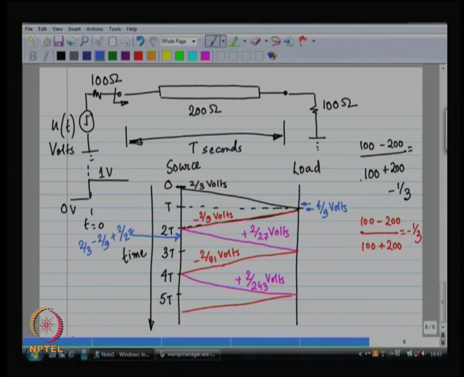I do not know, it is too difficult for me to do mentally, so it is 18 minus 6 plus 2. So, 14 by 27 volts.